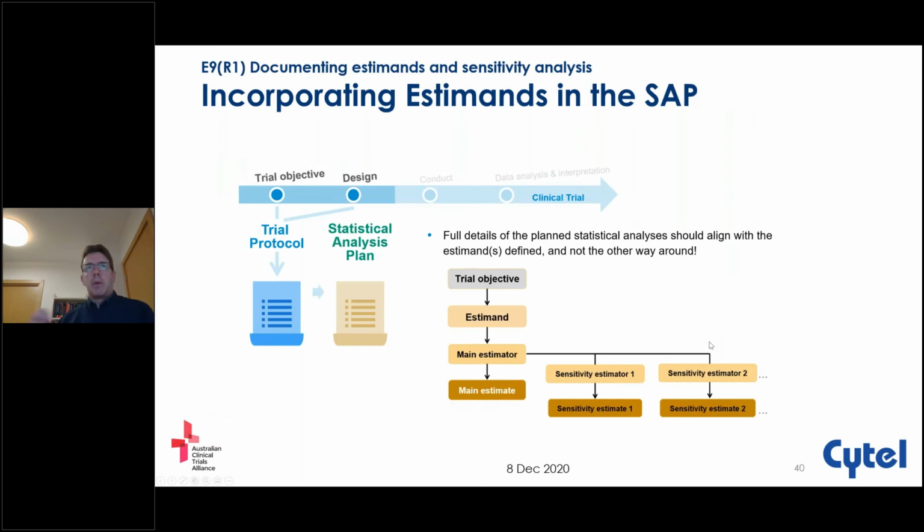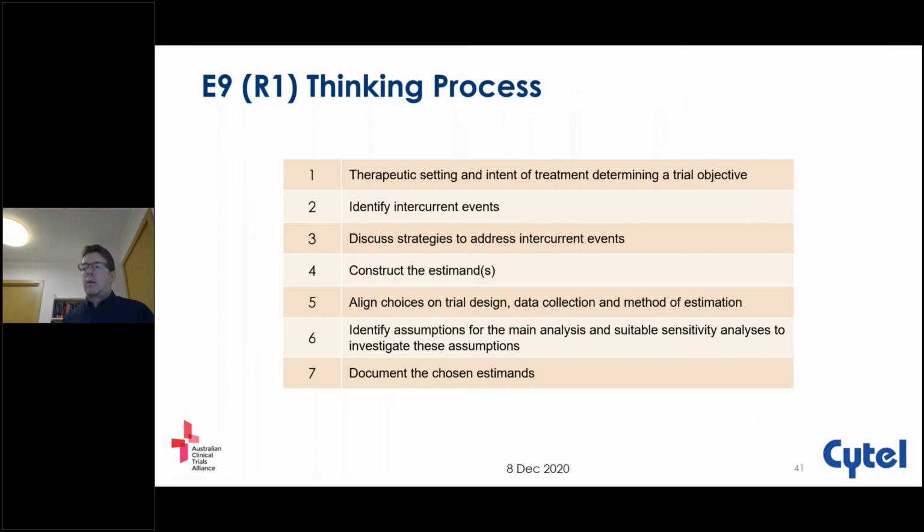It also talks about how to incorporate estimands into the statistical analysis plan and what's required in the statistical analysis plan to give a full definition of the estimands and sensitivity analyses. I think overall the thing that I was struck by with the estimand framework is that it just changes the way you think when you begin planning a trial.